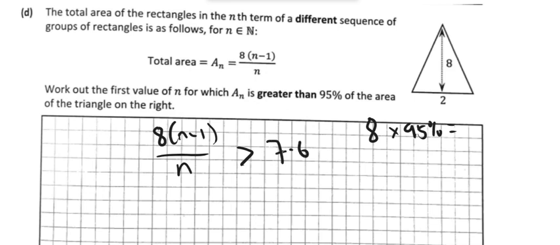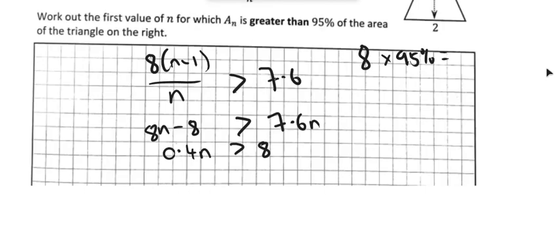So we get that inequality, bring over the n and multiply it, so we get 7.6n, and on the left hand side we get 8n minus 8. Bring over to 7.6, you'll just be left with 0.4n is greater than 8. You don't need to worry too much about the inequality sign in this.